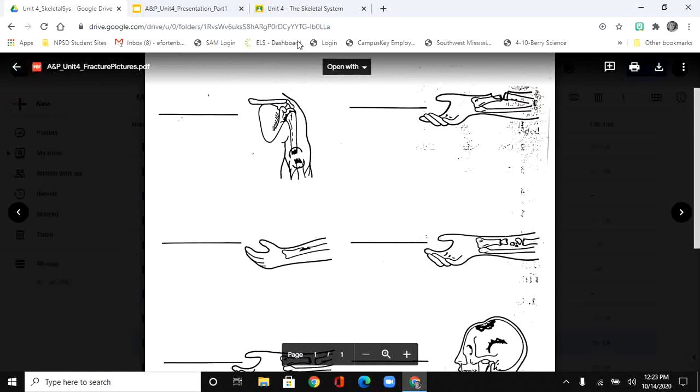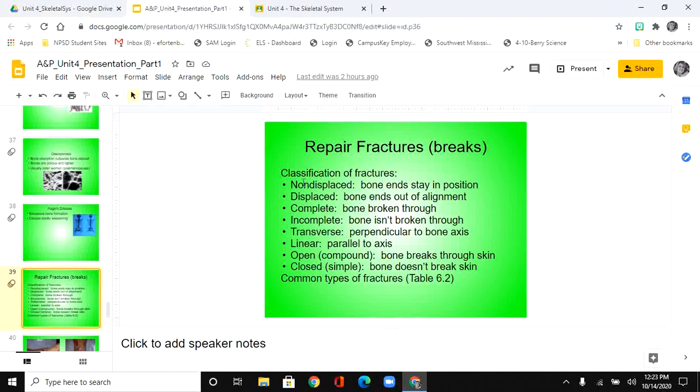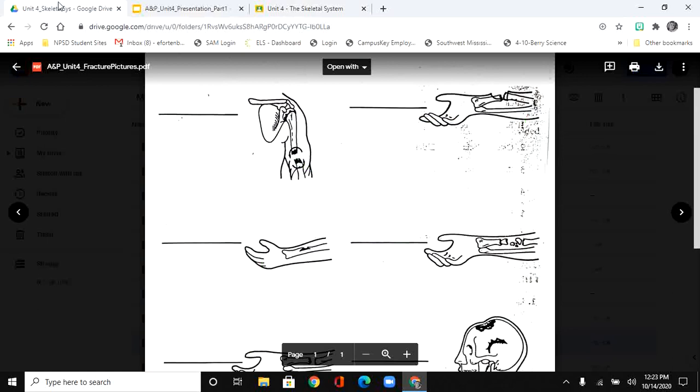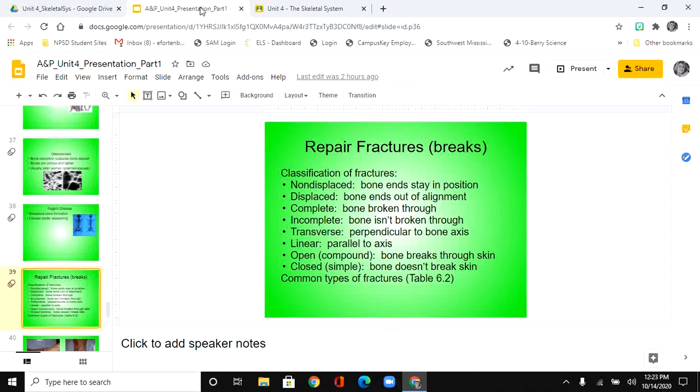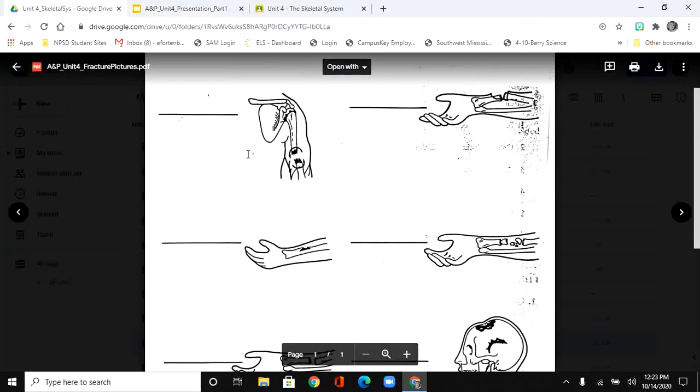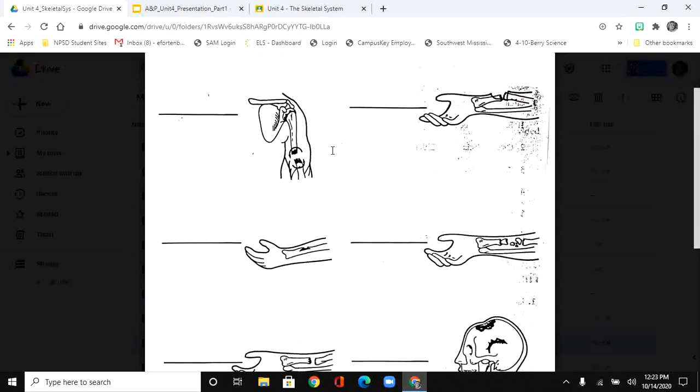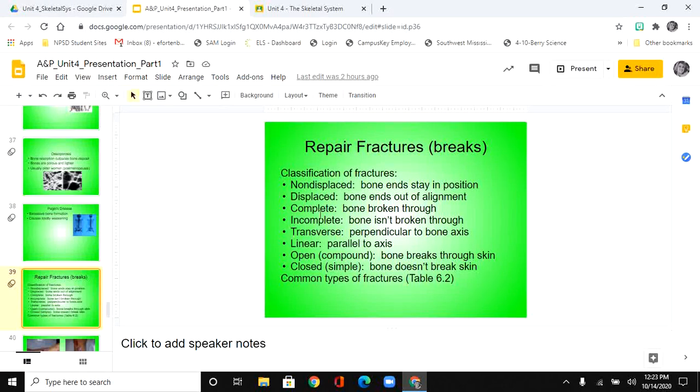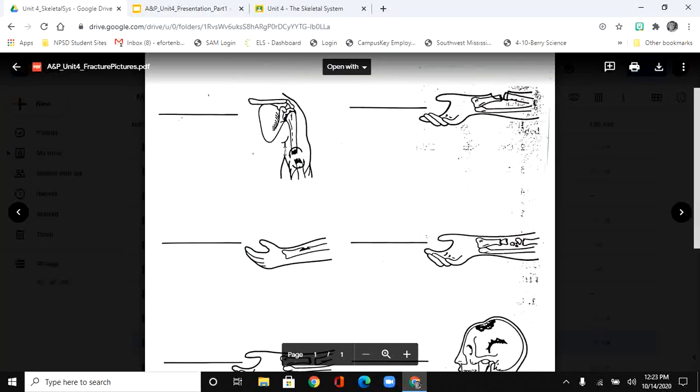Also, you'll notice, going back to our descriptions, the bone ends are pretty much in position. So we can also say that that is a non-displaced fracture. Also, it is broken all the way through. So that means that this is a complete fracture. And since it's broken perpendicular to the bone axis, we can also say that it is transverse.